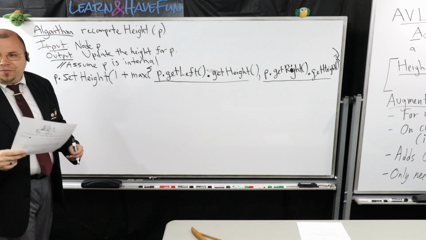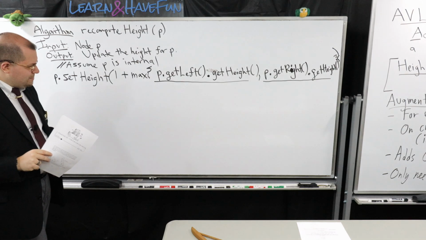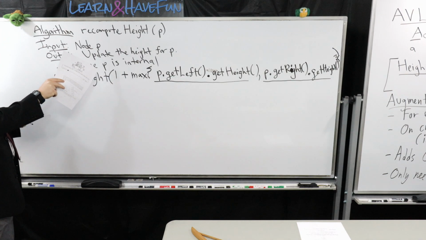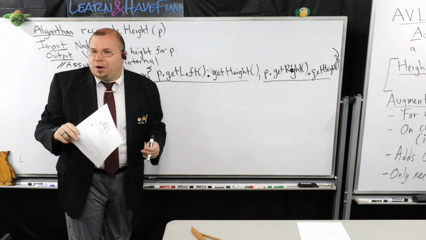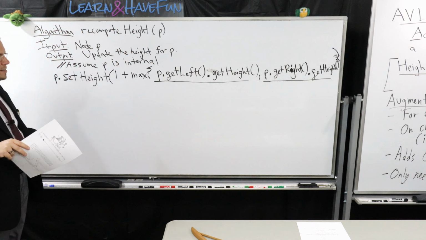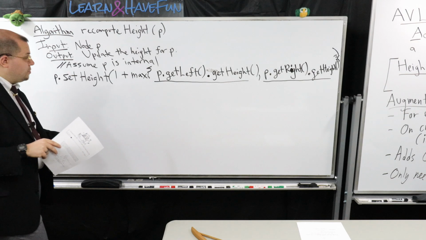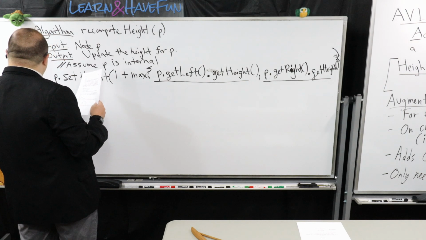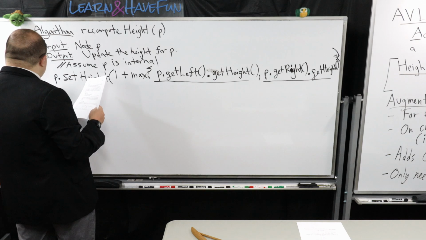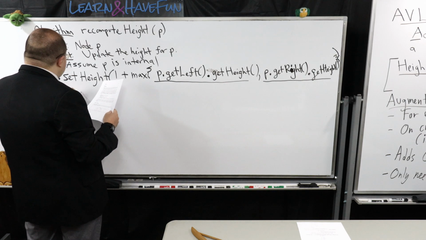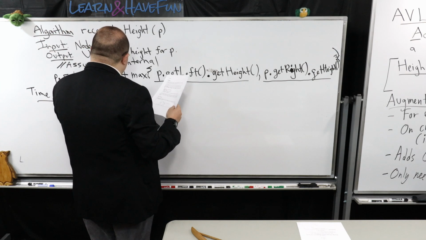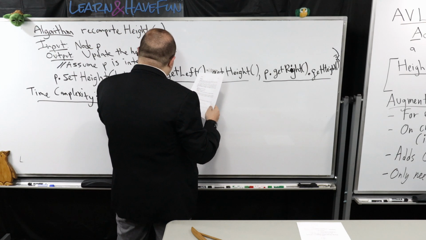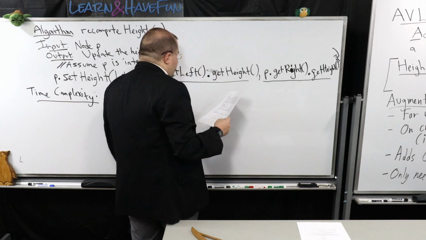Yeah, so far I'm seeing constant time, which should not be very surprising because these are just accessing attributes of our nodes. There's no recursion like in the algorithm I showed you for general rooted trees. So the time complexity is big O of 1 per node. If ever you call this on a node, it's going to take constant time.